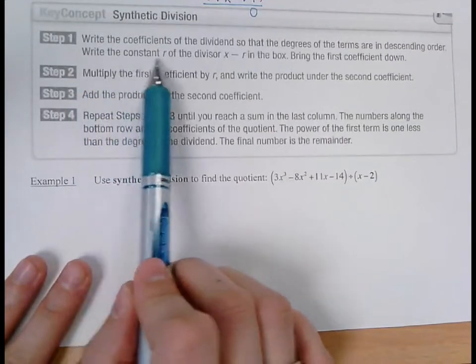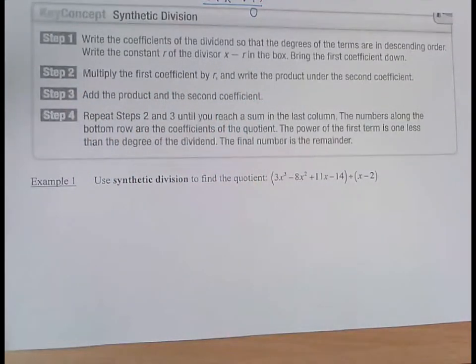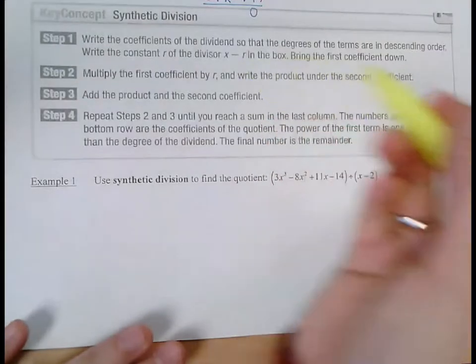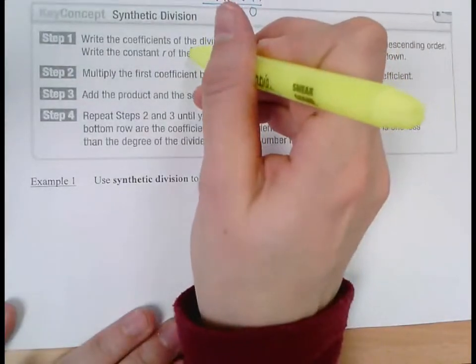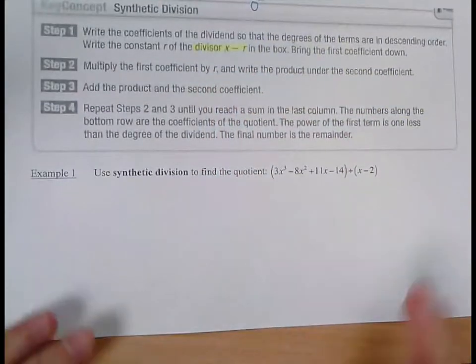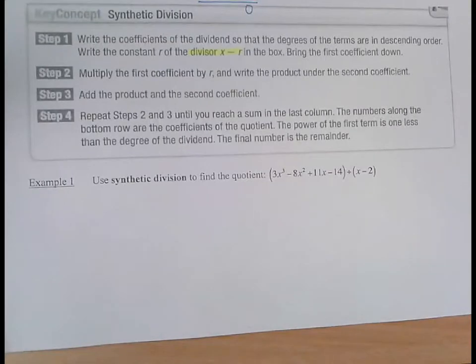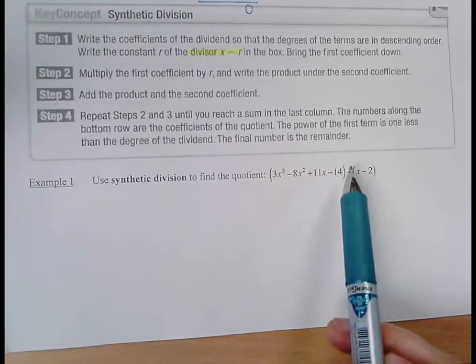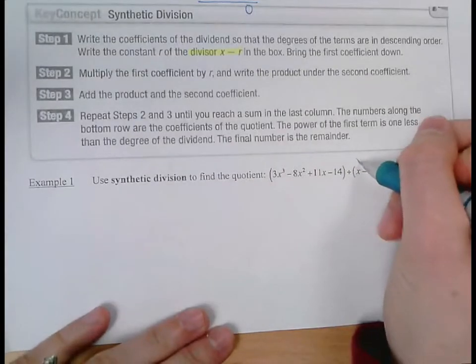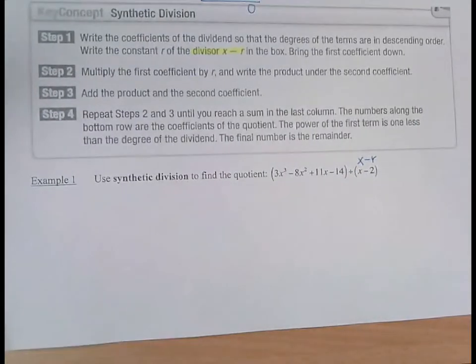It says write the constant r of the divisor x minus r in the box. So I will talk about what the box is because you're probably thinking, what is the box? And then you bring the first coefficient down. So your divisor in synthetic division always has to be in the form x minus some number r, because you have to then figure out what is r.